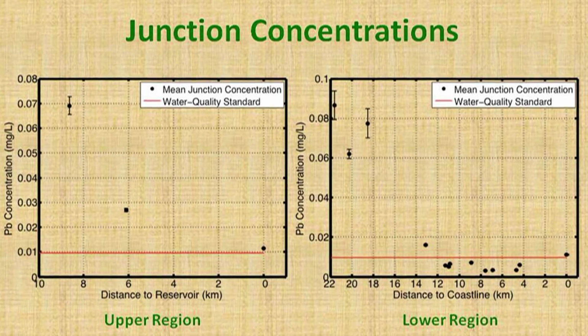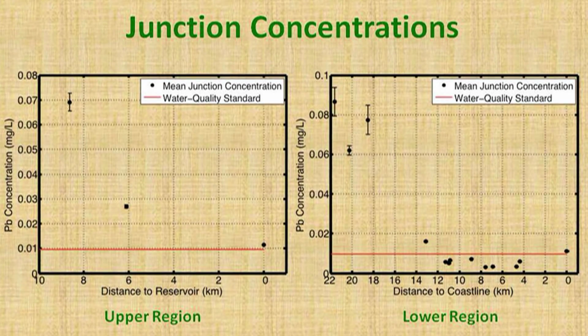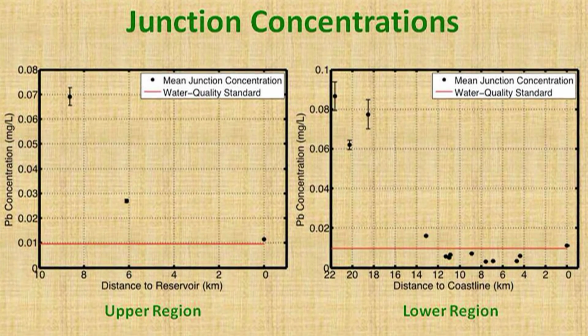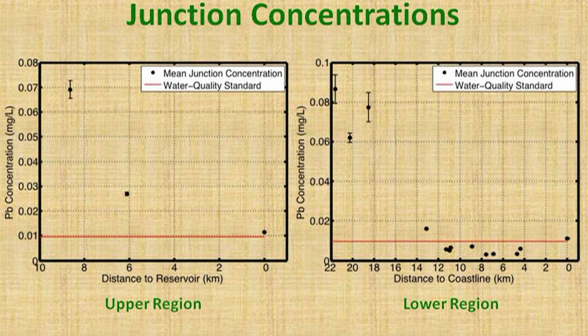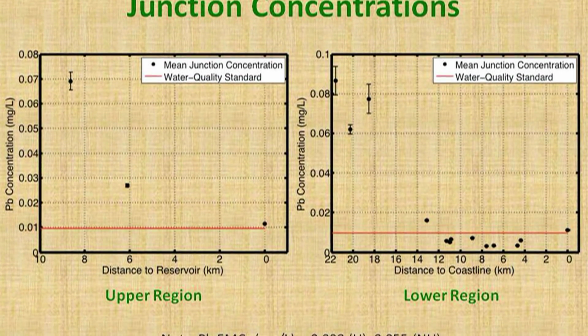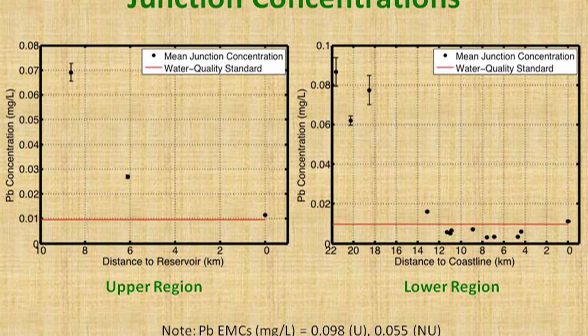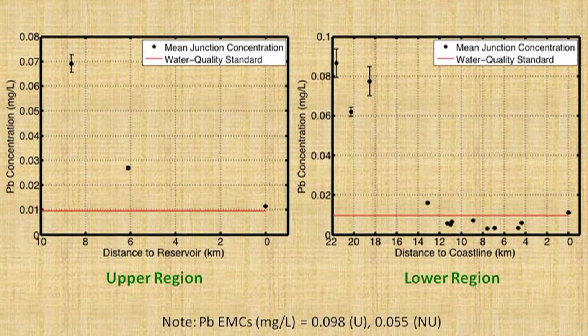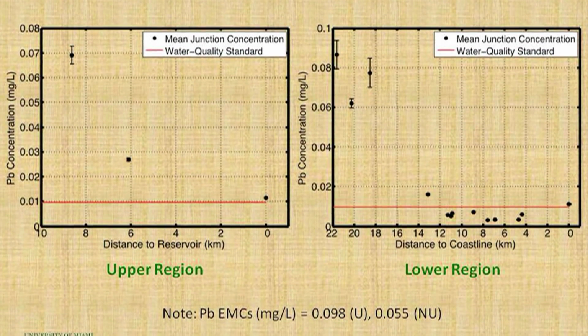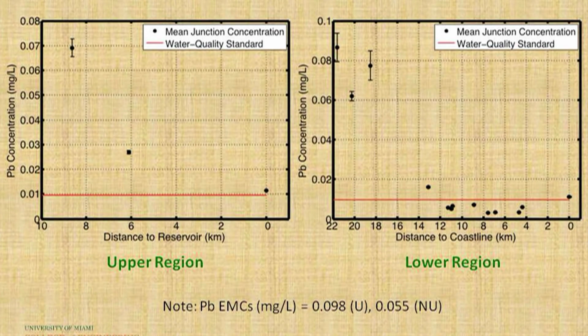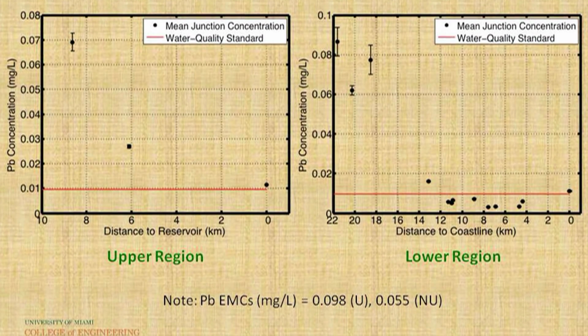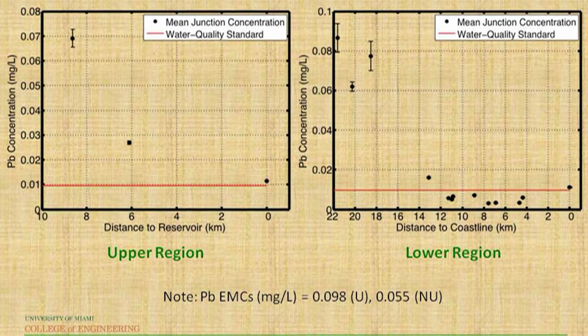This is an example of the model output. These black dots are the mean concentrations at the junctions we considered along the main stem of the river. This is the upper region, this is the lower region, and these are presented nicely as a spatial perspective, as distance from the coast in the lower region, and distance from the reservoir in kilometers in the upper region.